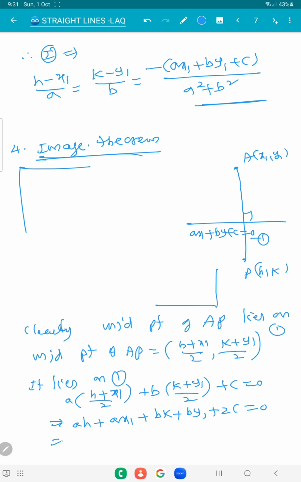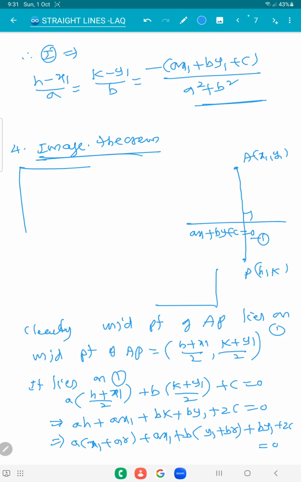We know that h is equal to x1 plus a r, so a times (x1 plus a r) plus a x1 plus b times (y1 plus b r) plus b y1 plus 2c is equal to 0. Now write this one.